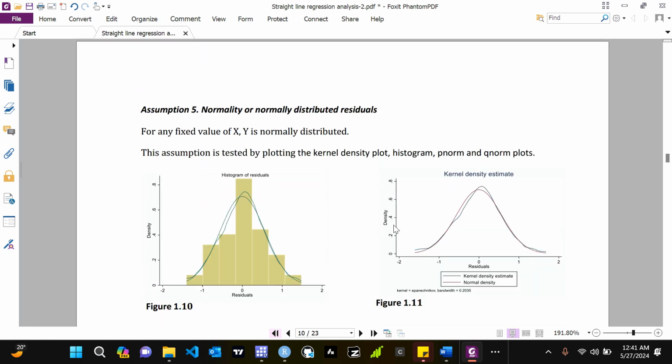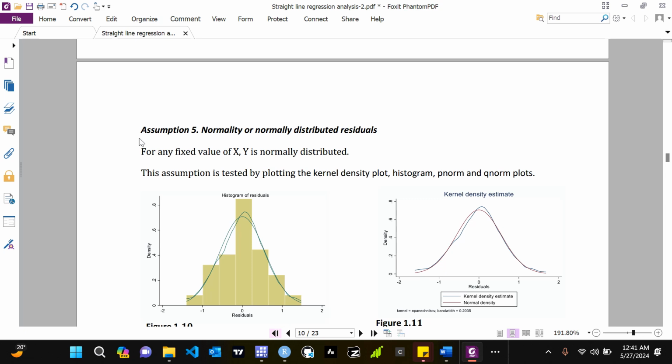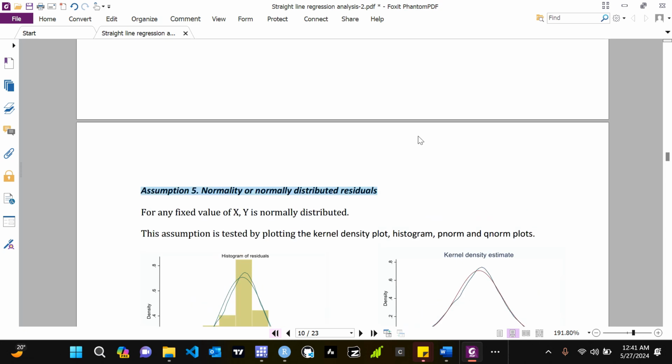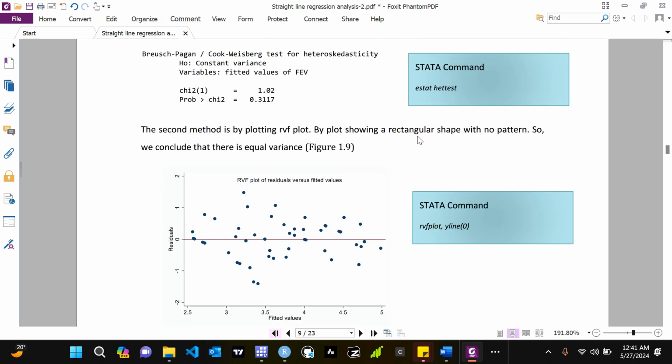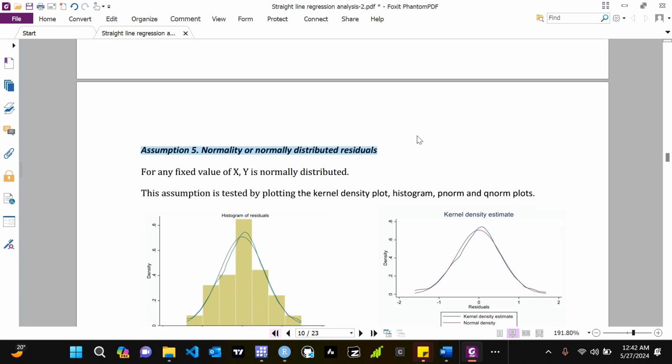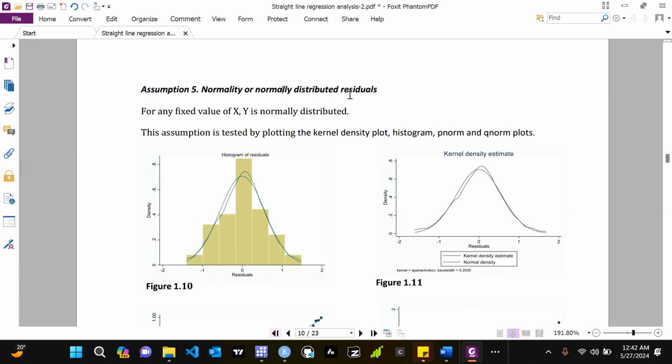So let's go ahead and look at the assumption of normality, or normally distributed residuals. Remember, it is normality or normal distribution of residuals.